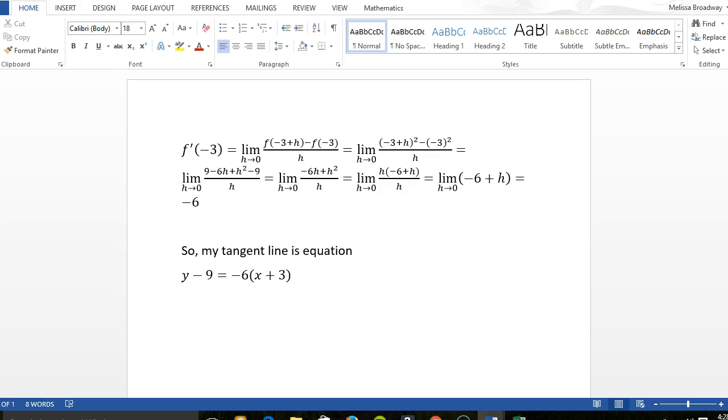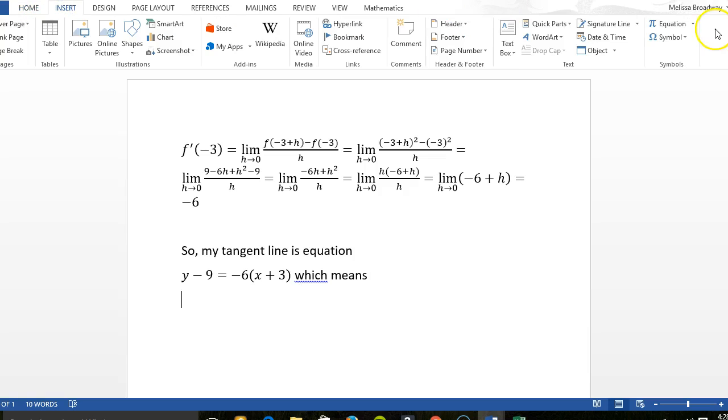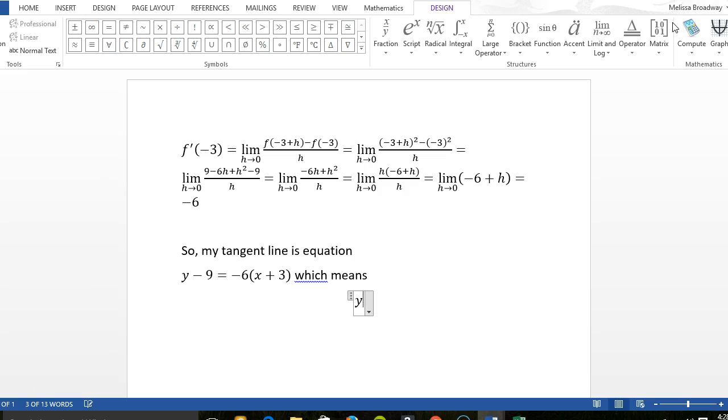But we're perfectionists and we like to get slope intercept. So which means, I wish it wouldn't capitalize it, but I may just have to live with it. Let's see what I can do. Which means, so y minus 9 equals, distribute negative 6 through, negative 6x minus 18.